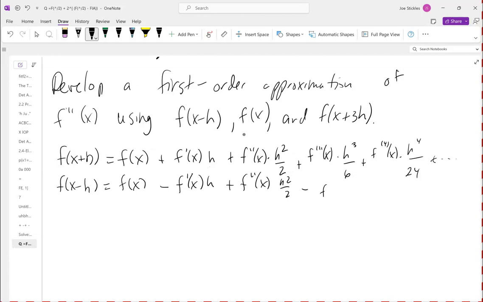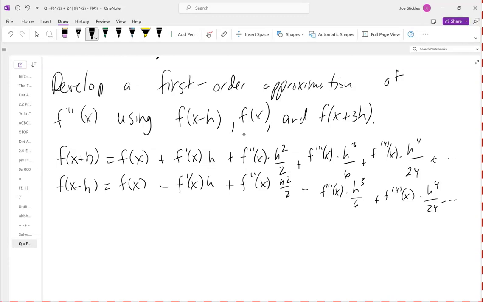It'll be a minus for the third derivative. It'll be a plus for the fourth derivative. And the next one, I guess, will be a minus. So I should probably put a minus there. So we're using the Taylor series expansion for f of x plus h, and just replacing the h with minus h, you get that Taylor series expansion for the x minus h.